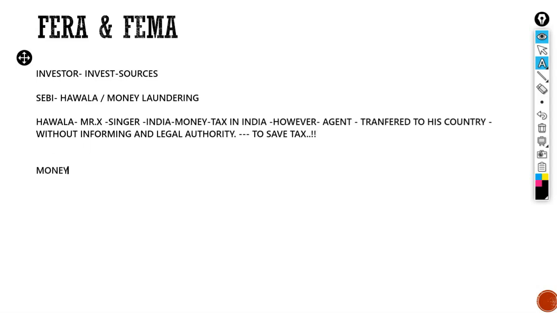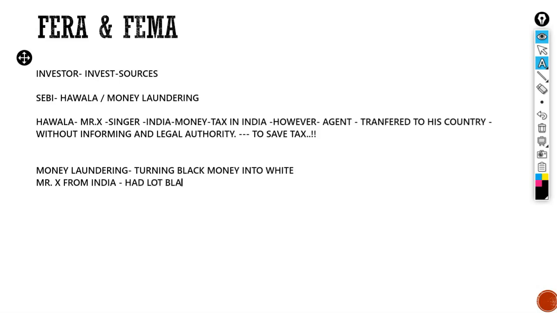Now when we talk about money laundering, it's actually turning black money into white. A simple meaning is turning black money into white. So if you take an example, let's say Mr. X from India, okay, he had a lot of black money.